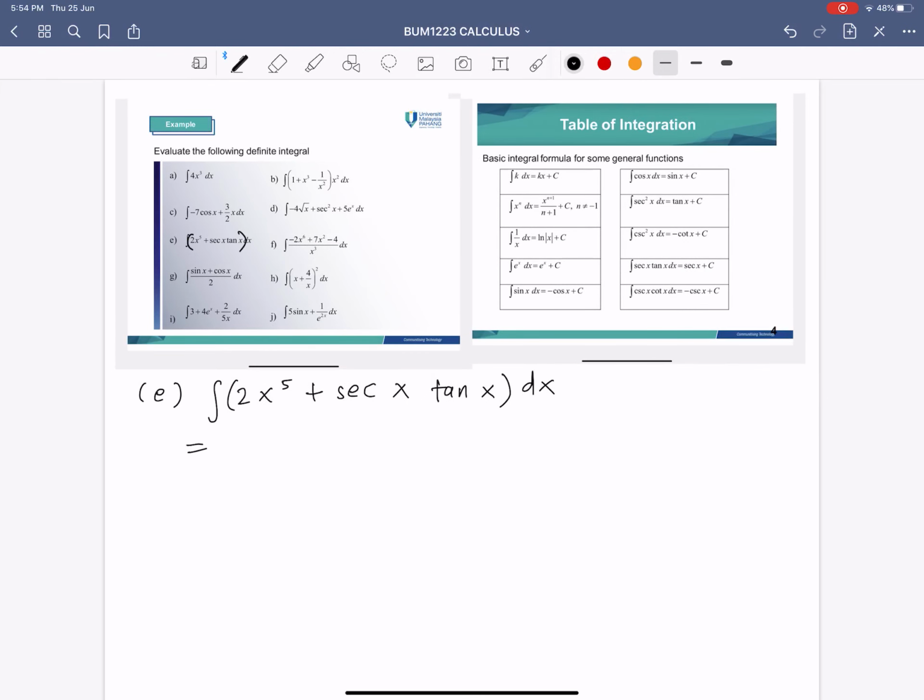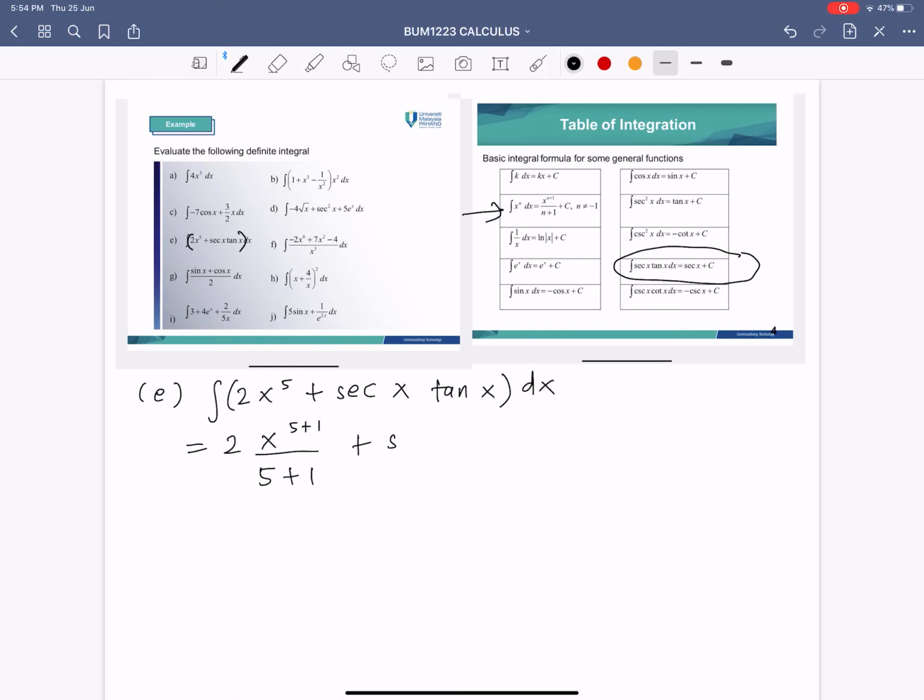All right, next, for question E, we have 2x power of 5. So x power of 5 is in the form of x power of n. So 2 times x power of 5 plus 1 over 5 plus 1. And then secant x tangent x is this one, where the result of the integral of secant x tangent x dx is secant x.